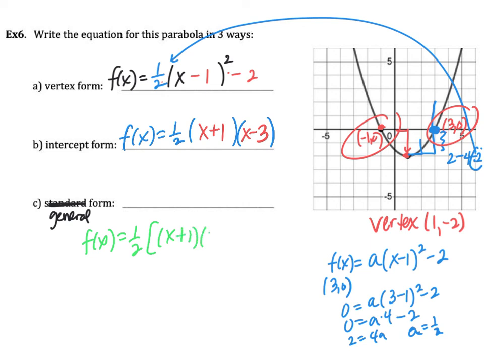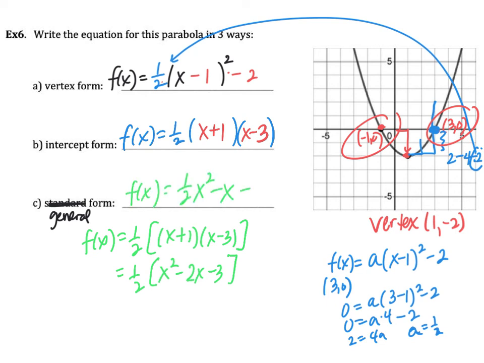So x plus 1 times x minus 3, expand that first. So that's x squared minus 2x minus 3. And then you're going to distribute, so you're going to get 1/2 x squared minus x minus 3/2. I'm distributing, and distributing. So this is expected.